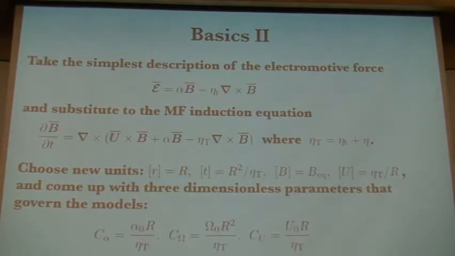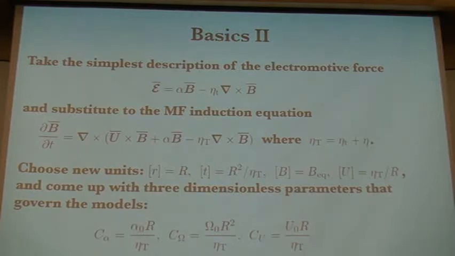Many times it doesn't just mean that alpha is weak in comparison to differential rotation, but you also neglect a term in the induction equation for the toroidal field. You get rid of this alpha term, which is justified if C omega is much larger than C alpha. And just on a general note, of course, there is some threshold value for C alpha, or for the dynamo number itself, in order to get the magnetic field to grow.